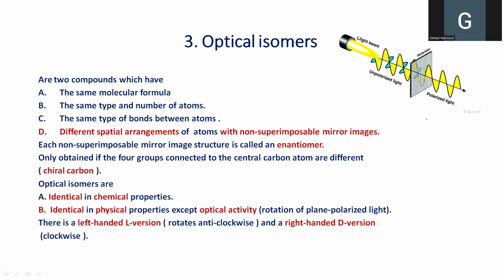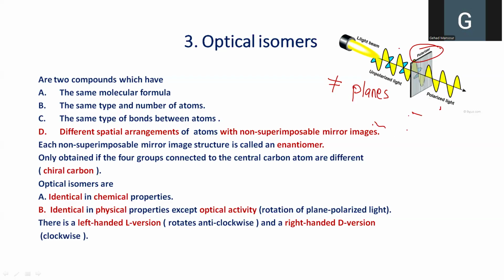Here, for example, in optical isomerism, if we look at that diagram, we can see that here we have unpolarized light that consists of electromagnetic waves in different planes. So here we have different planes, but this polarizer or this screen is made of a material that helps polarization of light.